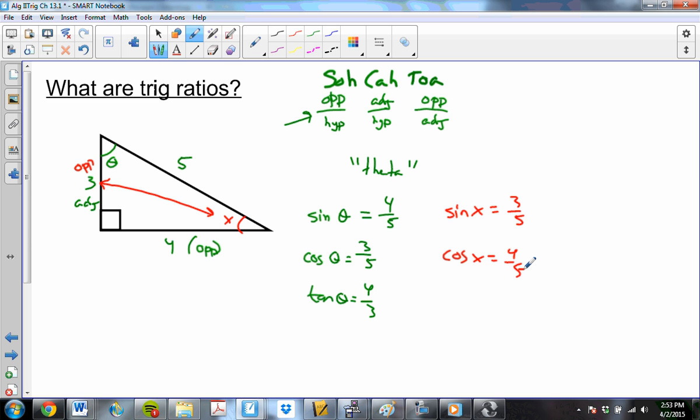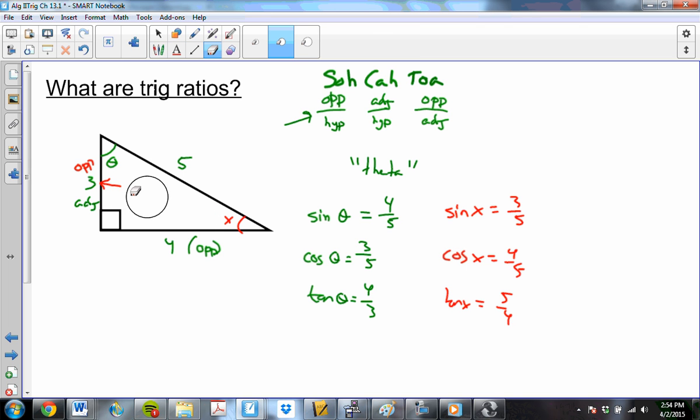And tangent of x is opposite over adjacent, and that's 3 over 4. So whichever angle you have, that dictates which ones will be your opposites and which ones will be your adjacents. The right angle is never, ever, ever your theta, because then opposite and hypotenuse are the same thing, and that doesn't really help you with anything.